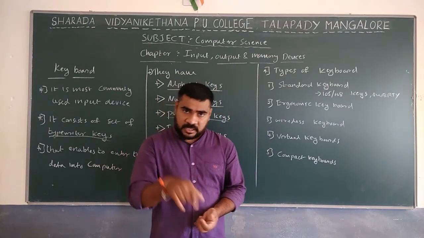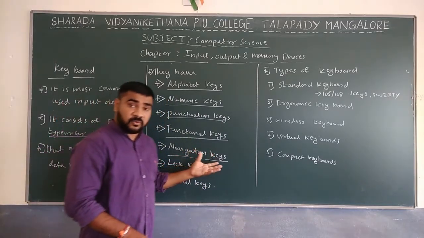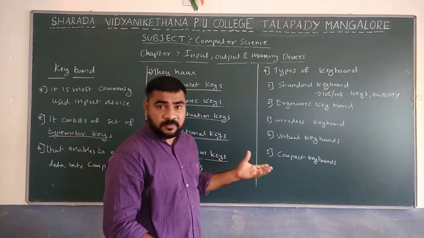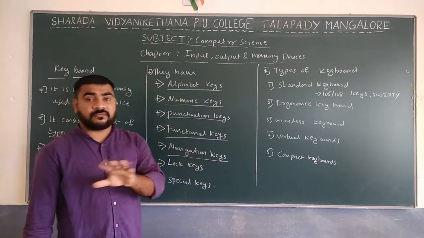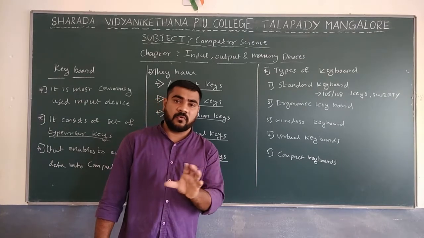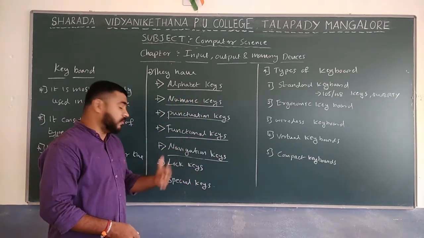Mainly those who play games using the keyboard will know the use of navigation keys. Move left, right, top and down. So if you want to move the cursor in 4 directions, then we are using the navigation keys.